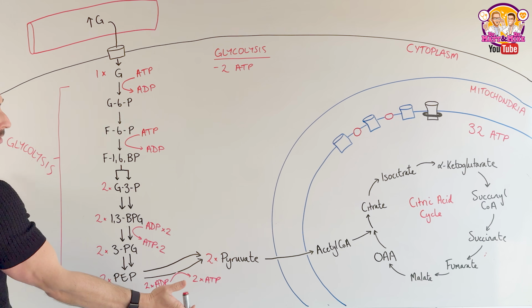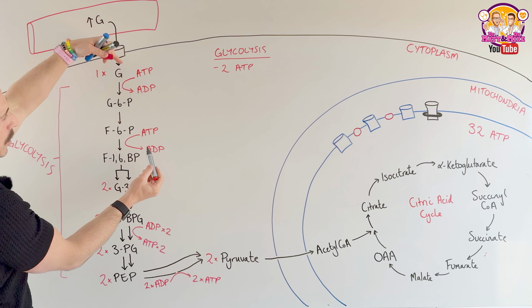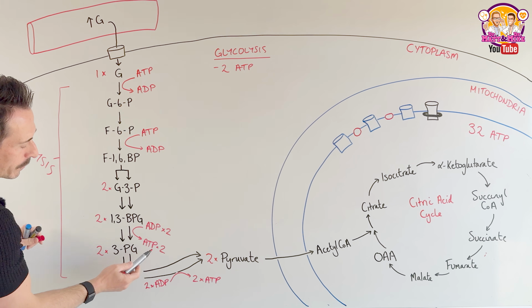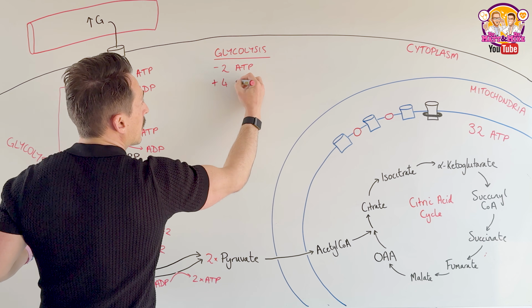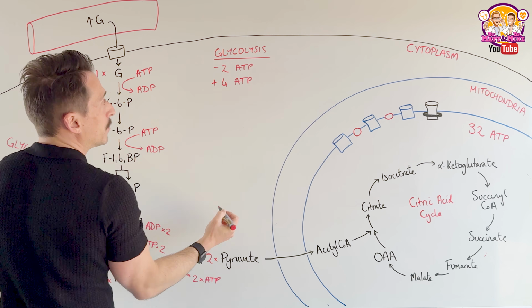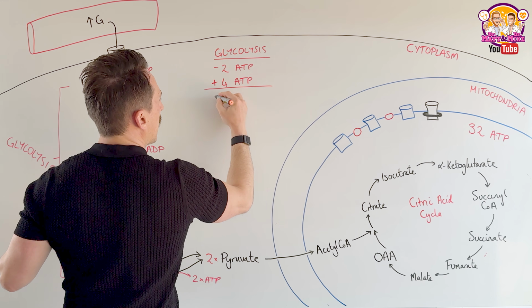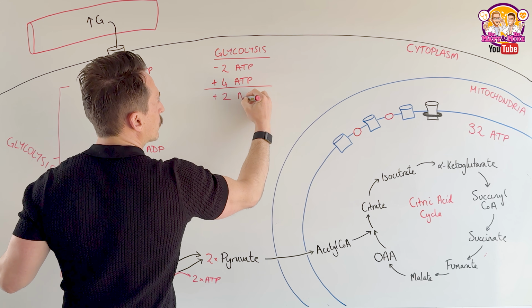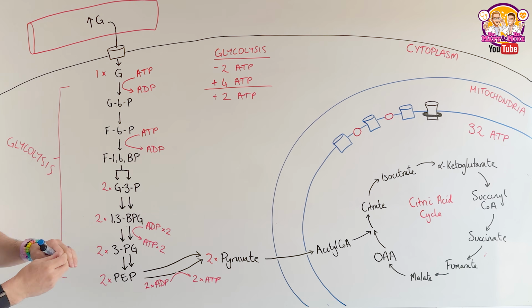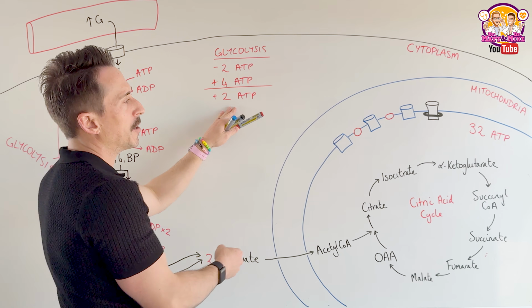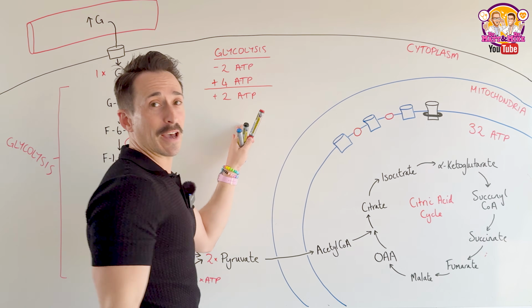This is glycolysis. What we've just done is we've lost 2 ATP, but we've gained 4 ATP. So what is our net gain? We've got a net gain of 2 ATP in the process of glycolysis. So that is 2 ATP. We've got 30 left to explain.